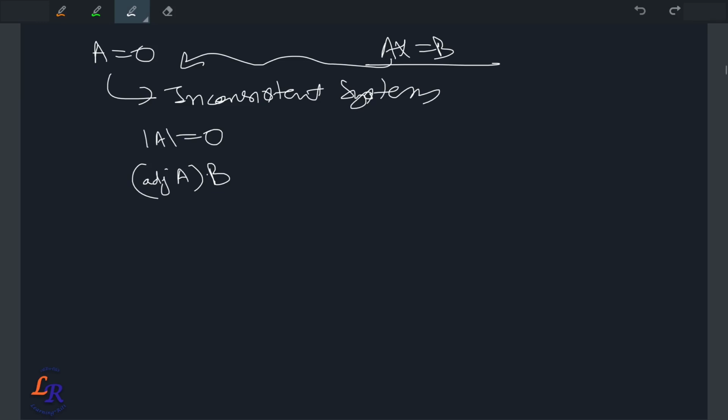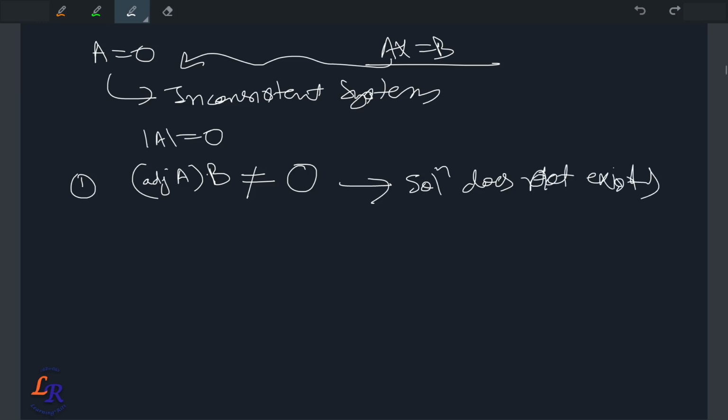In such a case you find the product of adjoint A and B, and if that is not equal to a 0 matrix, it would mean that the solution does not exist, and the system would be called an inconsistent system.